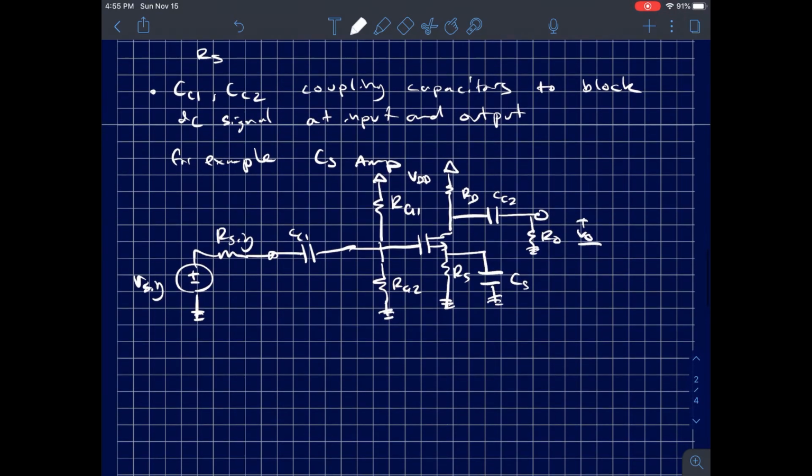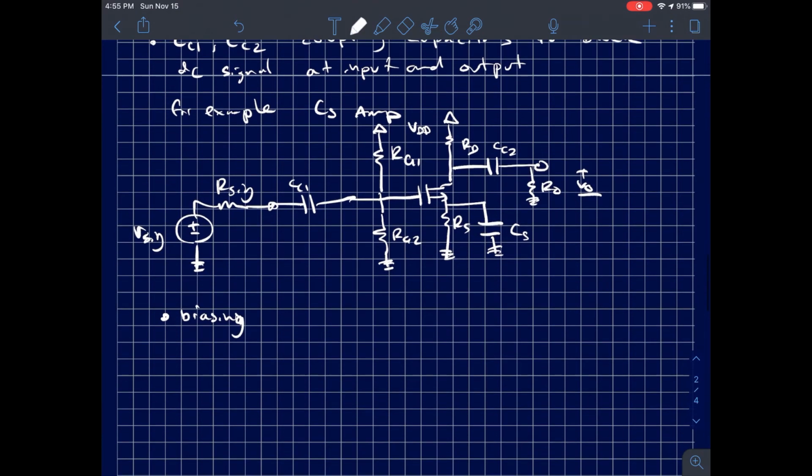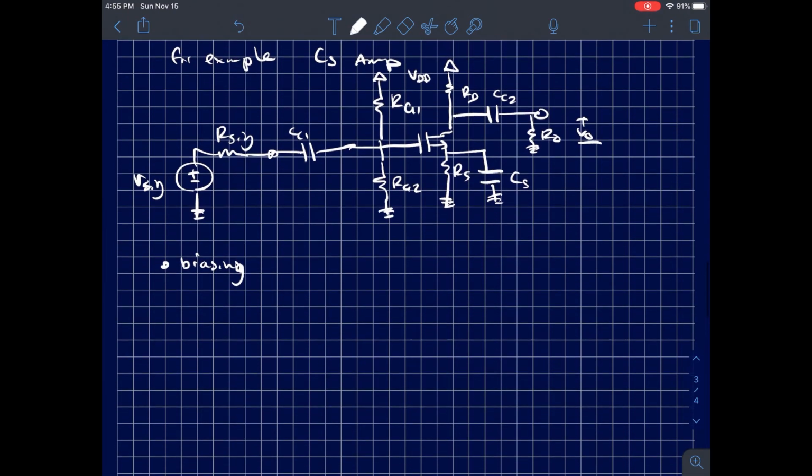So in this circuit, if I look at those capacitors as blocking DC, I look at the biasing part by ignoring the stuff outside of those capacitors. And so I've got VDD, which is a DC voltage source, and then I have my voltage divider bias, RG1 and RG2 here.